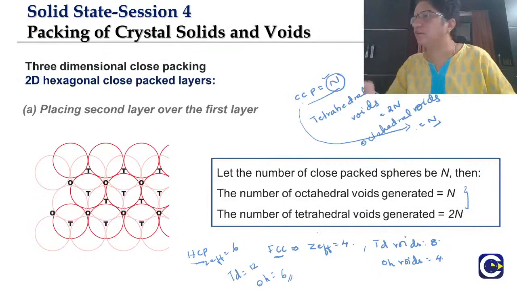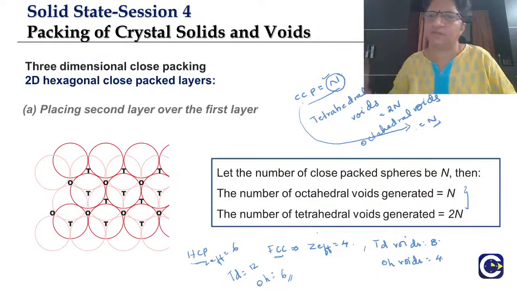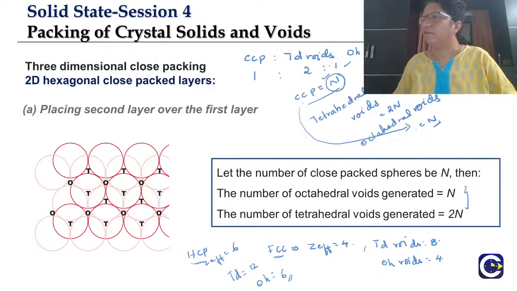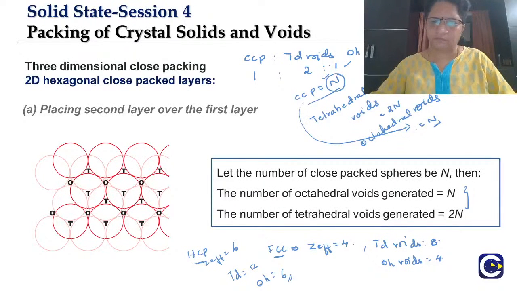In case you don't understand whether it's an FCC or an HCP, this will be the basic one: CCP is to tetrahedral voids is to octahedral voids, you can take it as 1 is to 2 is to 1. One very basic problem will be asked based on it, and it's easy to answer them. Any doubts? Shall I continue? I'll continue.